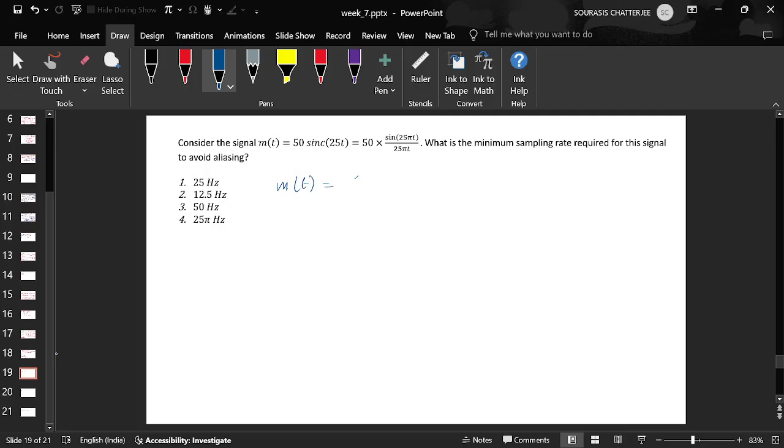m(t) is equal to 50 sinc(25t), which means 2 sin(25πt) divided by πt. So basically this is a sinc pulse whose amplitude varies between 2 and minus 2.